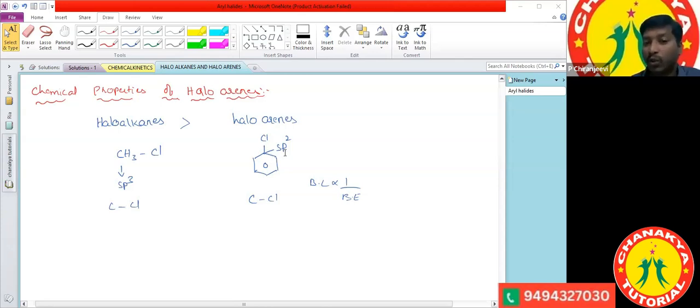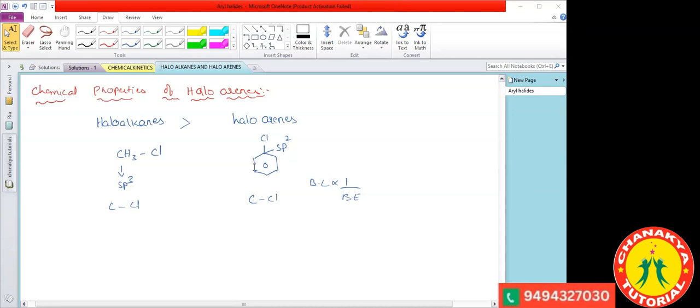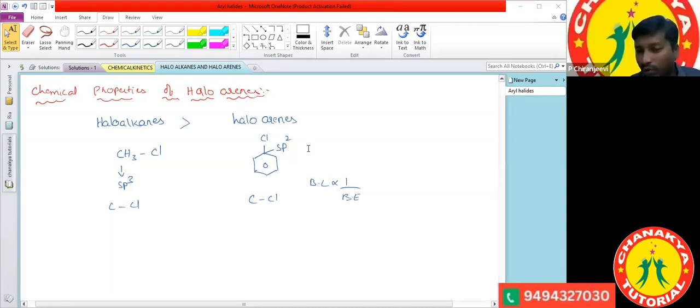This is because the carbon exhibits sp2 hybridization. What happens in sp2 hybridization? The percentage of s character increases, so electronegativity increases. If electronegativity increases, bond length decreases.